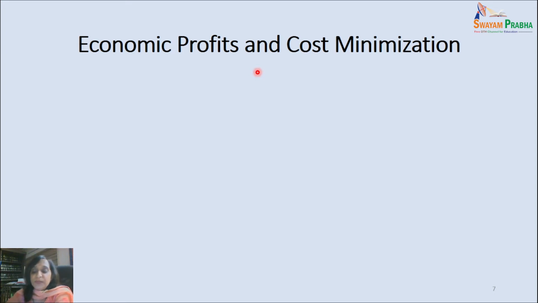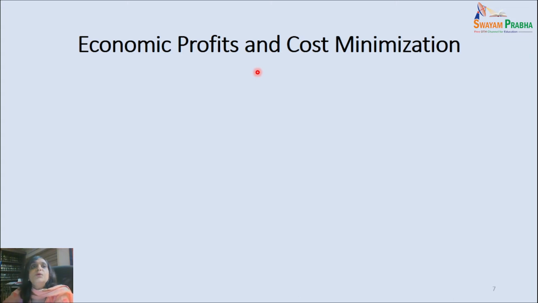But what we have to understand, from the producer's point of view, is that he needs to decide: I know that these are the various combinations of labor and capital I can hire. I know that by employing so much labor and so much capital, this is the output I can produce.